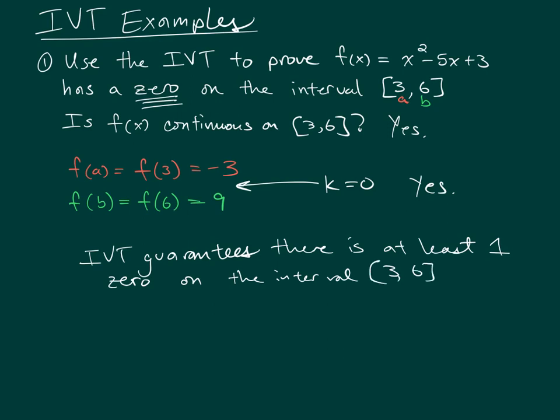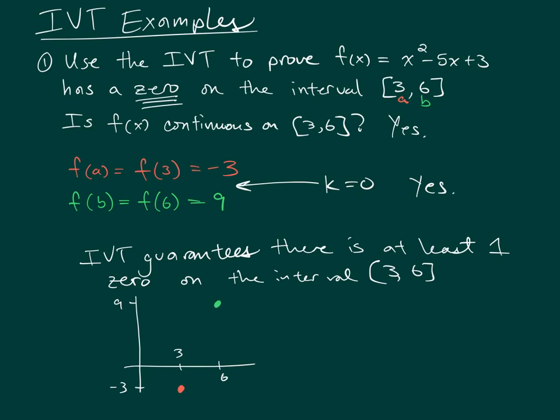Now in pictures, this looks something like the following. We know that the graph we are working with is continuous. So that means when we go from one endpoint to the next endpoint, we cannot lift up our pencil at all. So one endpoint we already know, when the x value is 3, the y value is negative 3. The other endpoint we already figured out, when the x value is 6, the y value is 9. It's about right there.